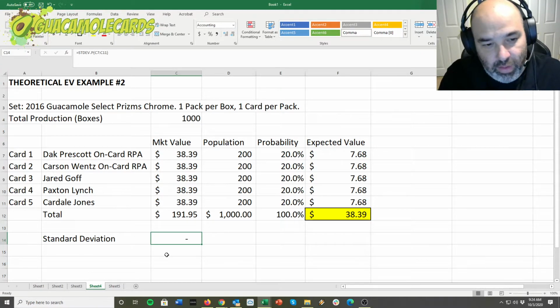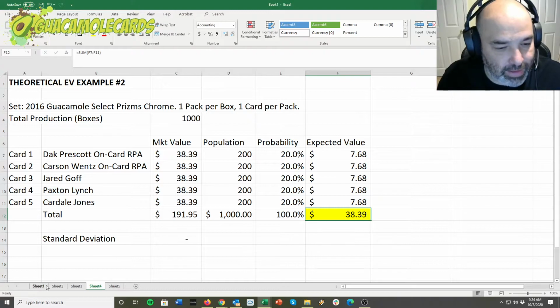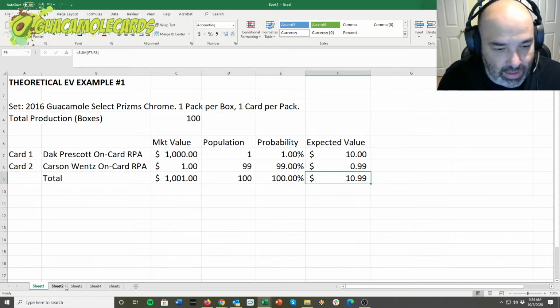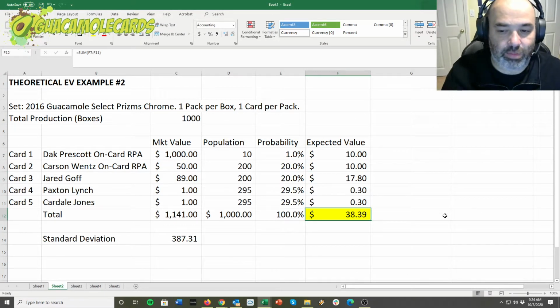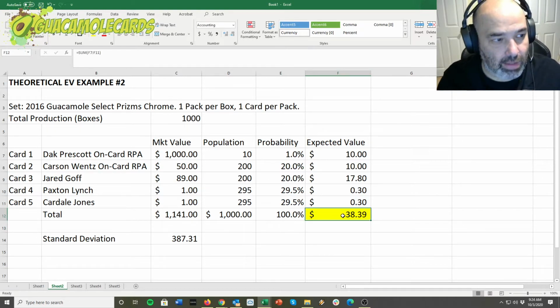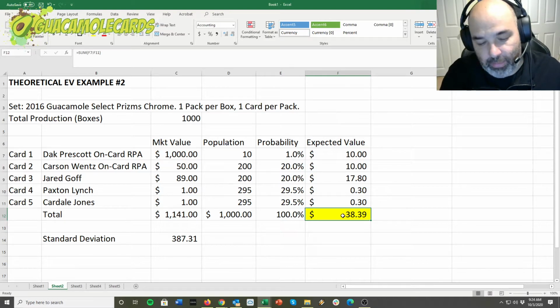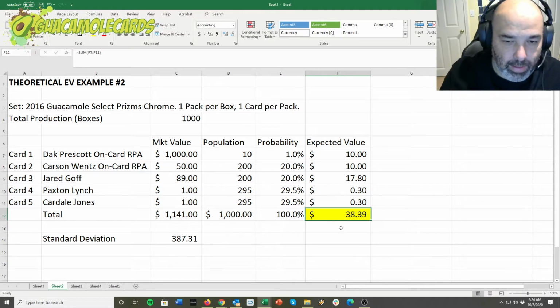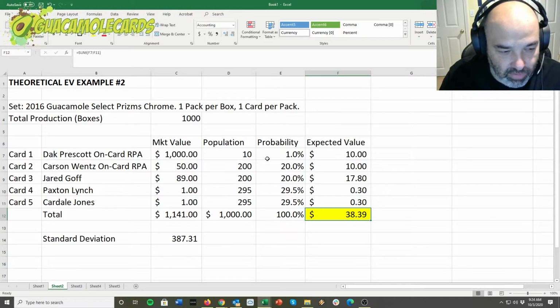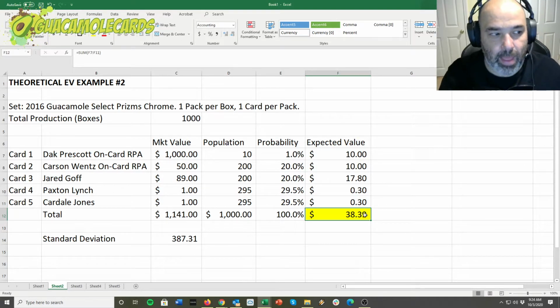So now that we know this, what does that mean? What does expected value really mean? Okay, I get it, right? That tells us how much we expect to get back from any given box that we open. But how do we use that? Well, a couple of things. One, because we don't always know all this information, we make the assumption that the market is very efficient and will price sealed wax at the expected value, the inherent expected value.